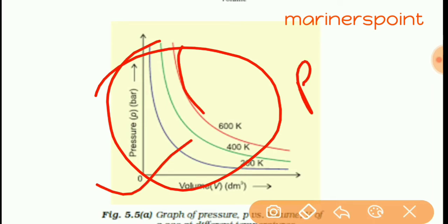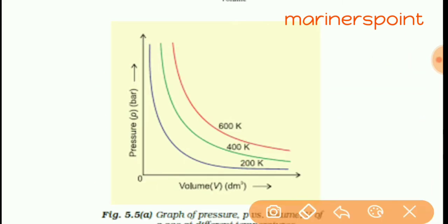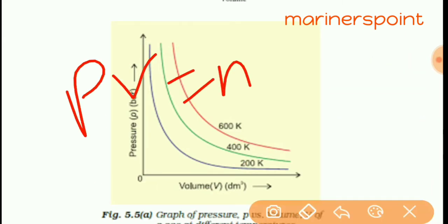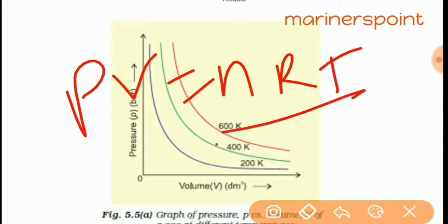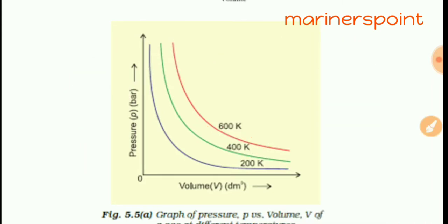This is the graph of high temperature, because PV is equal to nRT. Let us understand first: PV equal to nRT. This is fixed. When your temperature increases, the value will increase. So the above graph is with increased temperature.